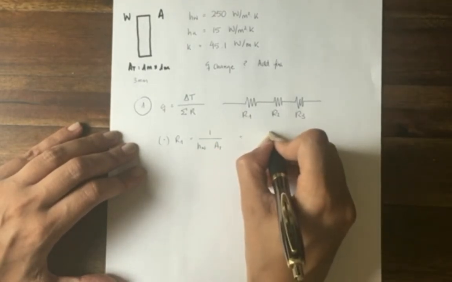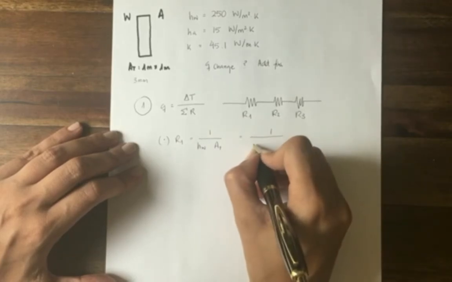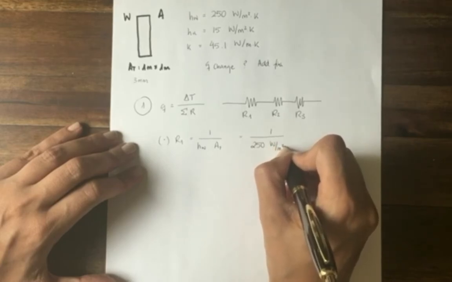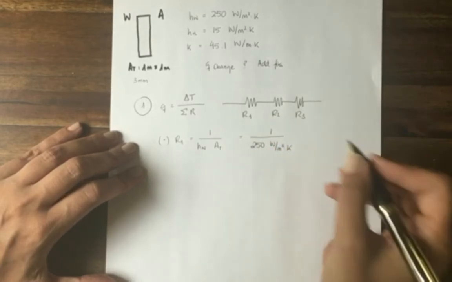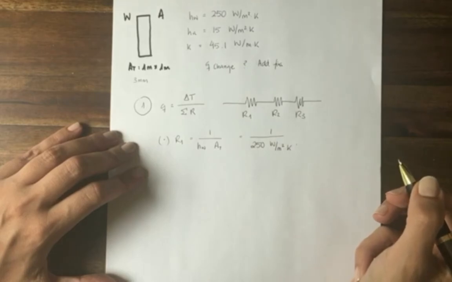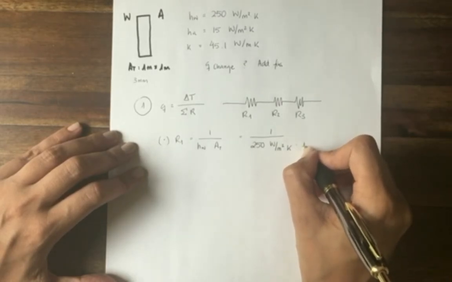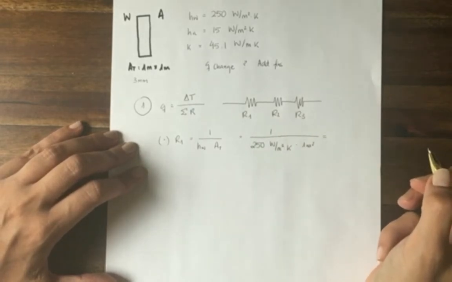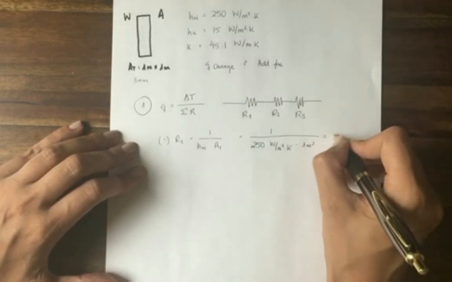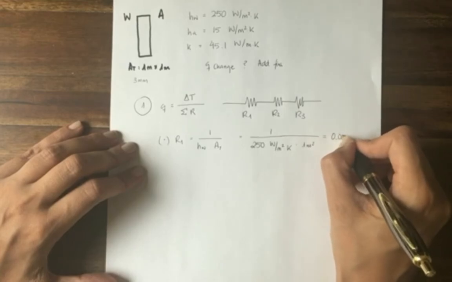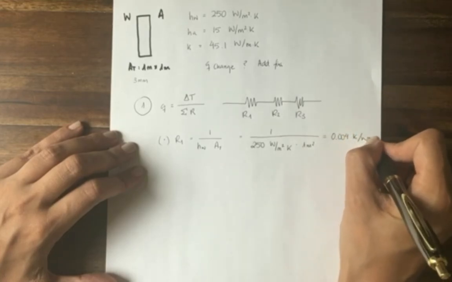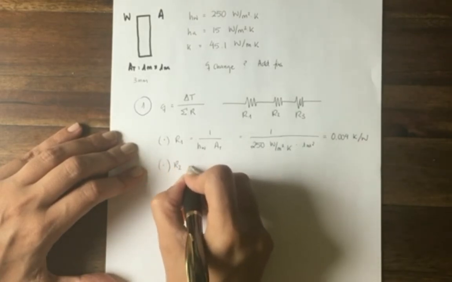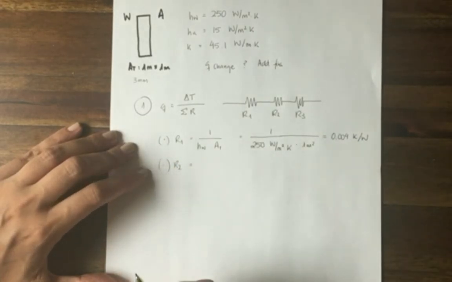This is equal to 1 over 250 watts per square meter per Kelvin times the total area, which is 1 square meter. This is equal to 0.004 Kelvin per watt.